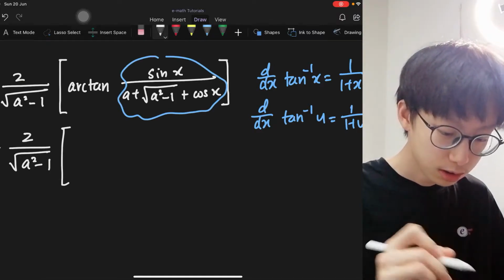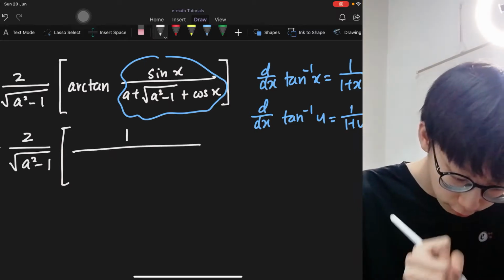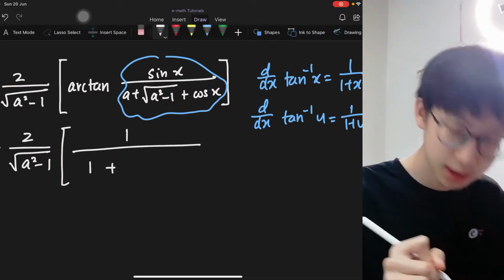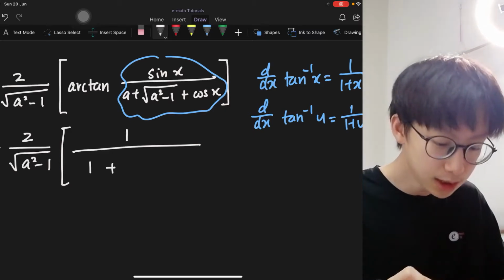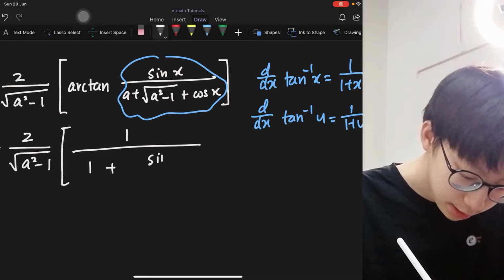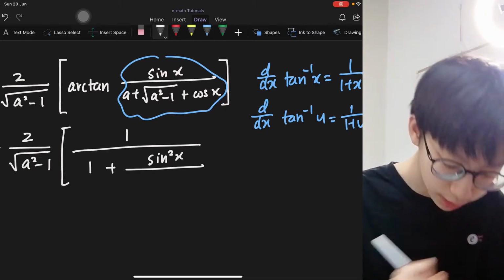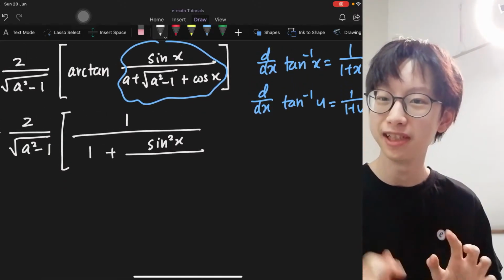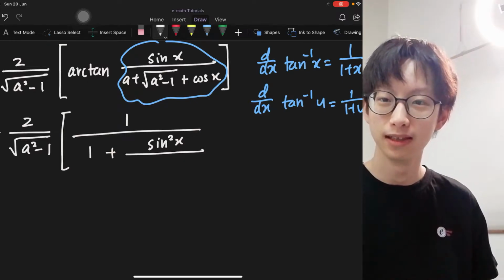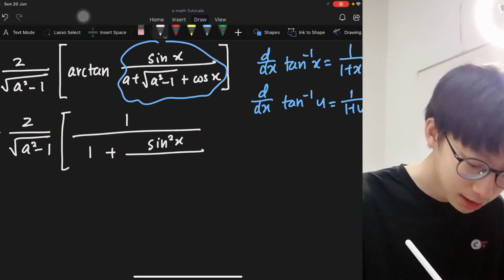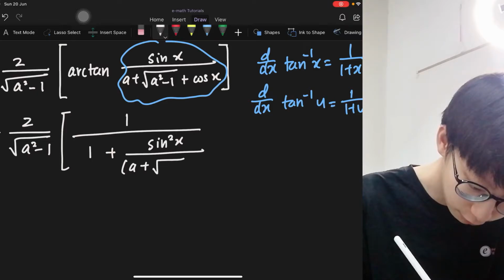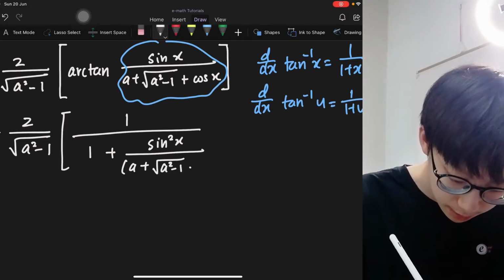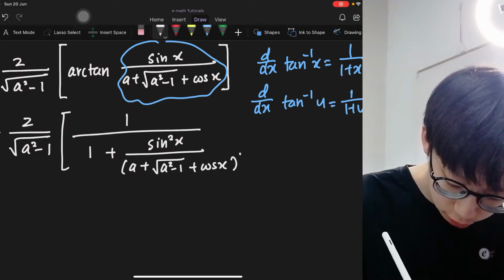It will be 1 over 1 plus u squared. You just square the whole thing here. Sine squared x over, I don't think I want to expand it now. Maybe we can cancel with something from du/dx. I don't know, so I will keep it, which is a plus square root of a squared minus 1 plus cos x, and remember the square.